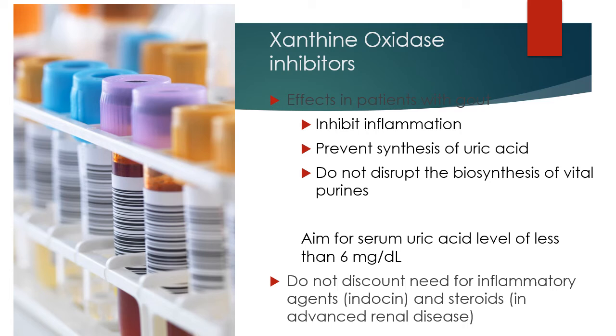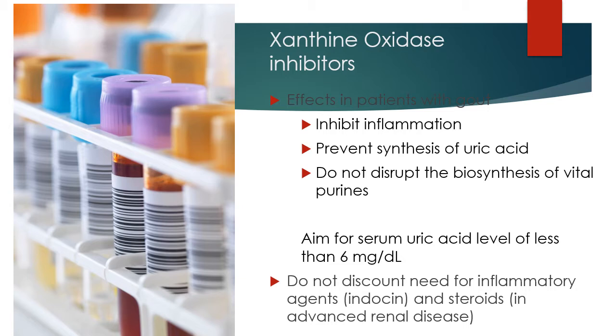So these xanthine oxidase inhibitors can help patients with gout by inhibiting inflammation, preventing synthesis of uric acid without disrupting the biosynthesis of vital purines, as I mentioned in the previous slide. And we aim to get a serum uric acid level of less than 6.